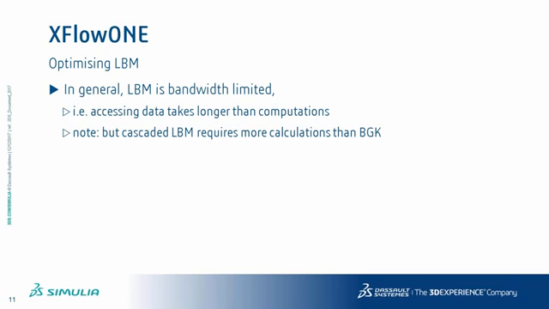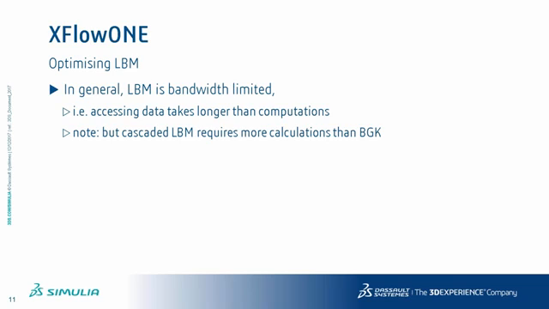What does it mean? Well, in general, lattice Boltzmann is what we call a bandwidth-limited method. It takes longer to actually access data, read and write, than to compute something, okay? And the implementation usually is quite simple. On the computation side, it's more the access of the data which is a bottleneck. That is usually true for lattice Boltzmann.